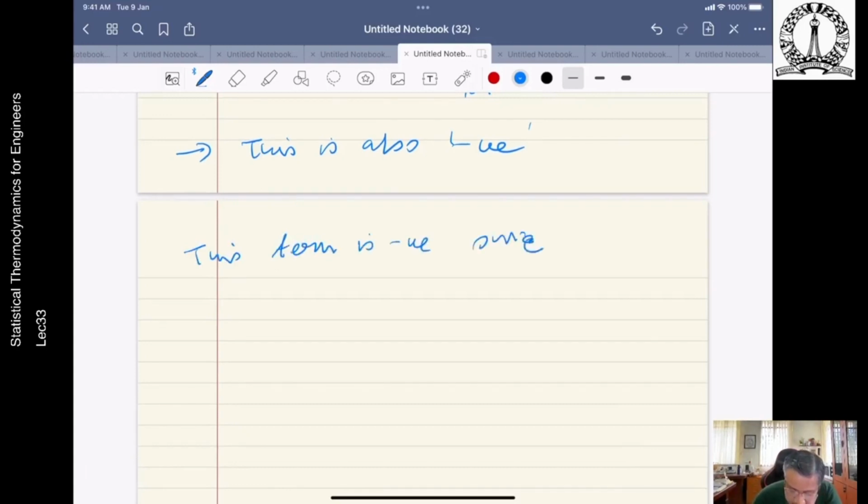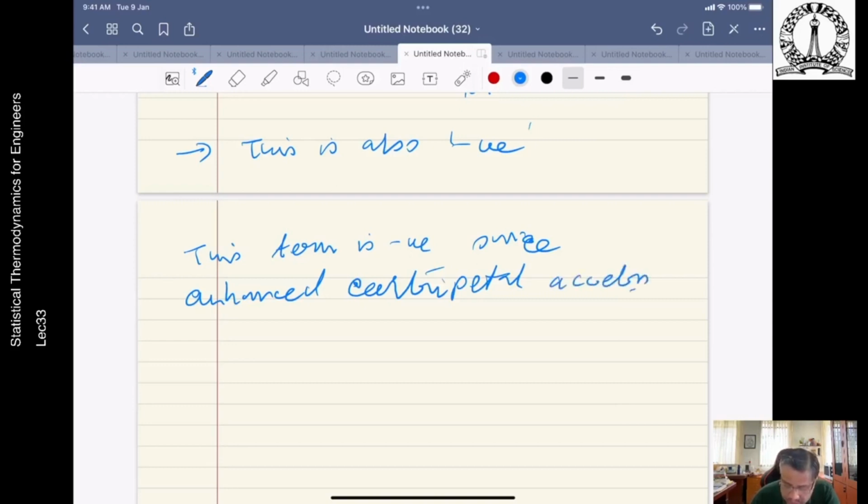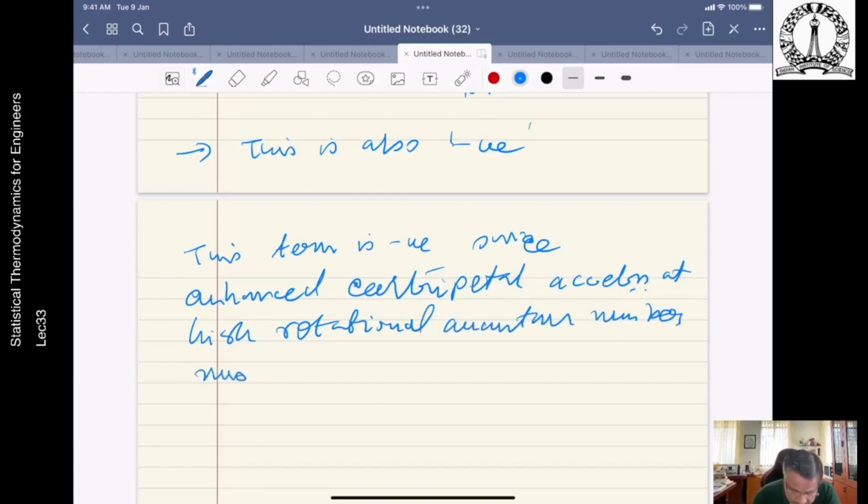This term is negative since enhanced centripetal acceleration at high rotational quantum numbers must increase IE, the moment of inertia.